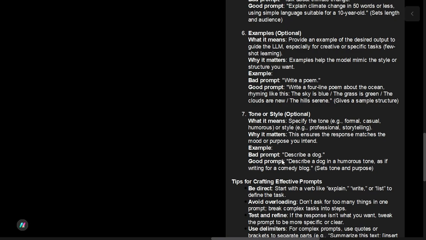An example is "describe a dog," which is a very bad prompt. But a good prompt would be "describe a dog in a humorous tone, as if writing for a comedy blog." Or I can say, here is the text. We can always include text in a prompt, and say, summarize this professionally for an executive, or for a chairman of a company, and explain briefly the actions to be taken for the below notes from a meeting.